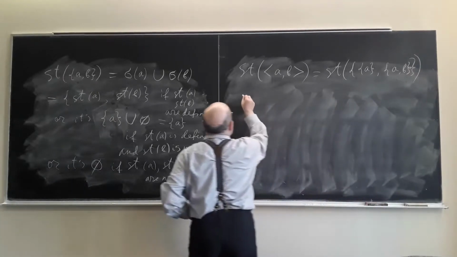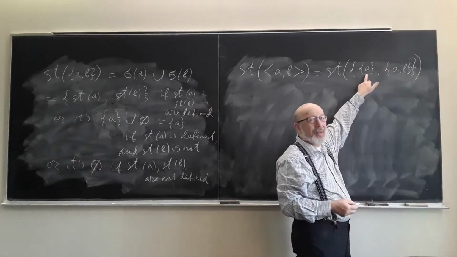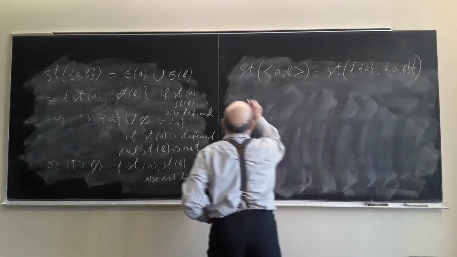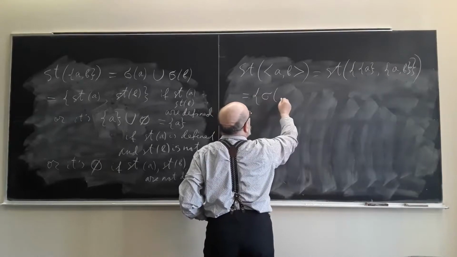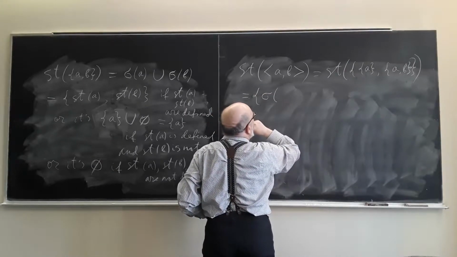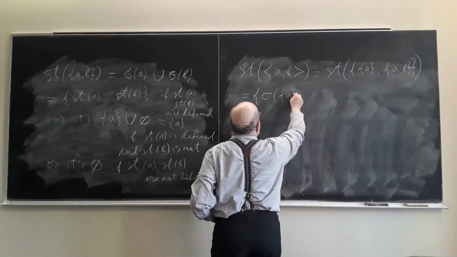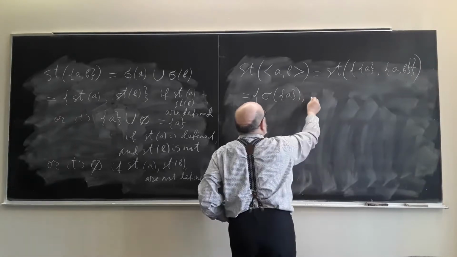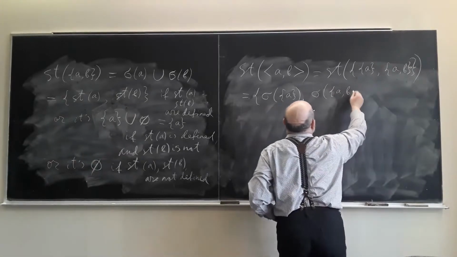Now, the standard part of one element set {A} is the set sigma of {A}, and sigma of {A, B}.